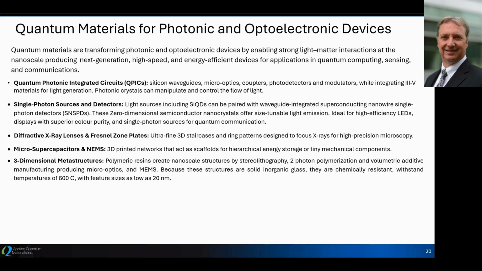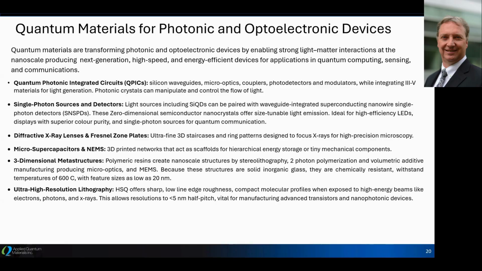And our bread and butter here is ultra high resolution lithography. We make various materials for the lithography industry, and they can make their transistors and optoelectronic devices.